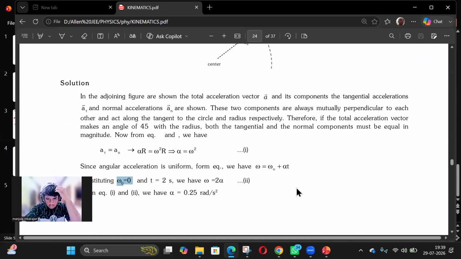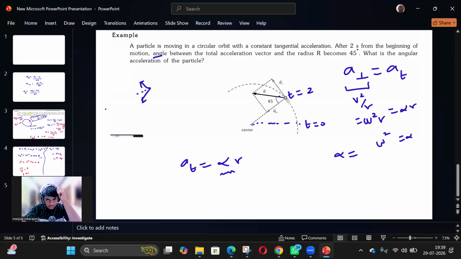So after 2 seconds, omega is 2 alpha. So if you put 2 alpha here, from there you get alpha is 0.25. So that is one thing that's not clear. He's saying it's starting from rest, so after 2 seconds from the beginning.